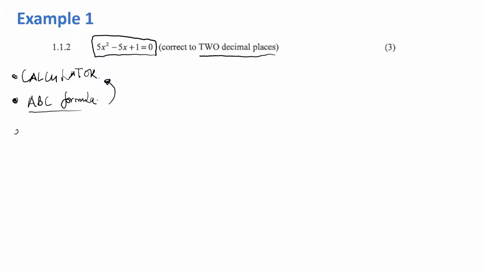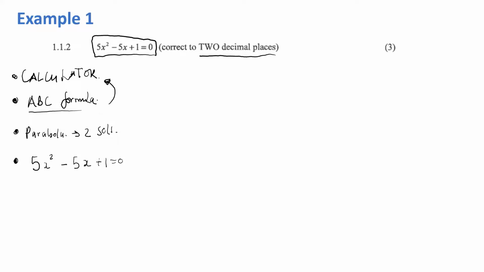Our starting point again, as we know, it's a parabola. Okay, so we know it has to have two solutions. Okay. I like to simplify the equation a bit. That makes my use of the ABC formula a little bit easier. This doesn't have to be done. It's simply my preference.